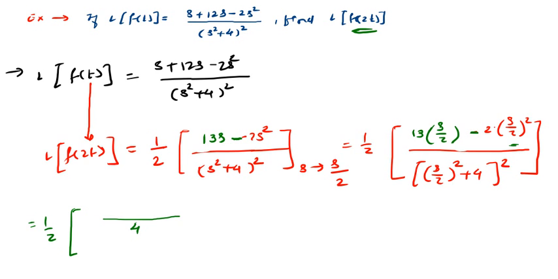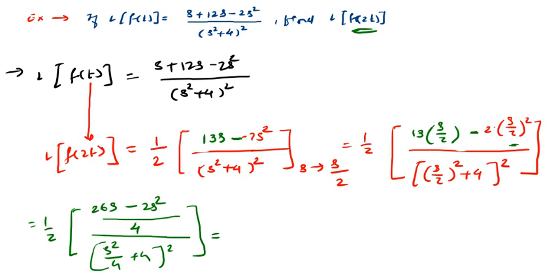From this you will see, this will be 2 into 13, that is 26s, minus 2s square, upon s square by 4 plus 4, and this will be whole square. This will be 1 by 2 into 1 by 4.